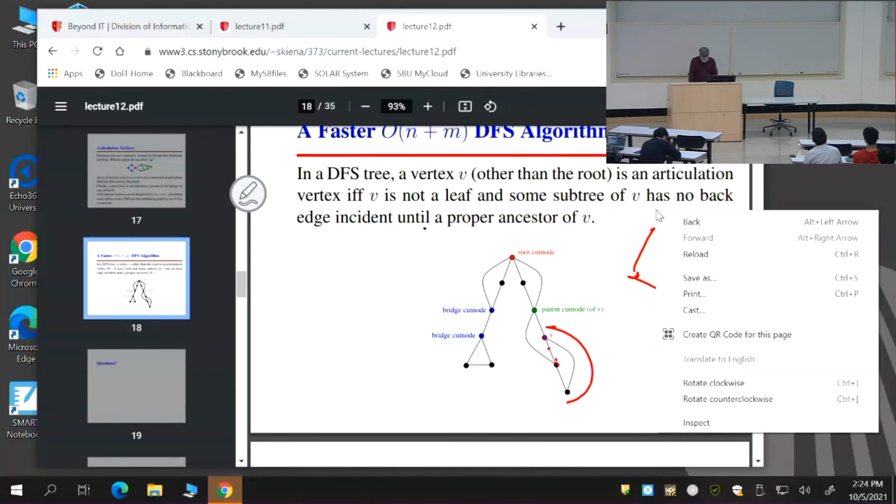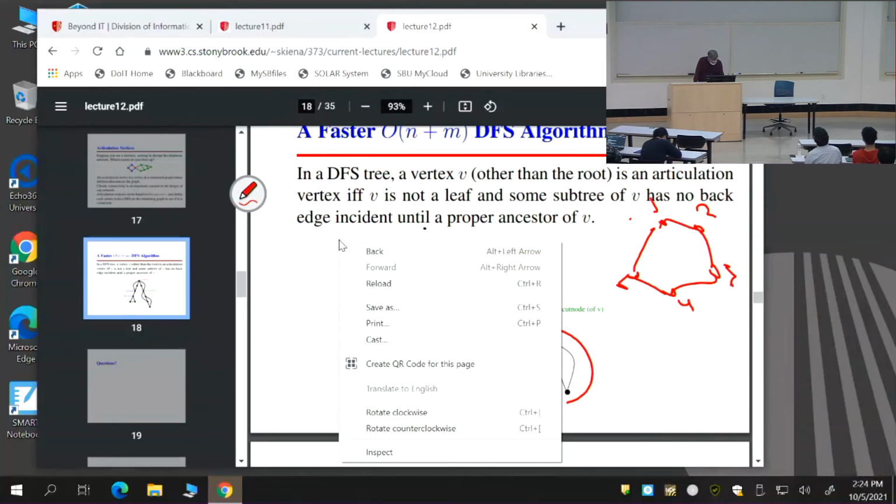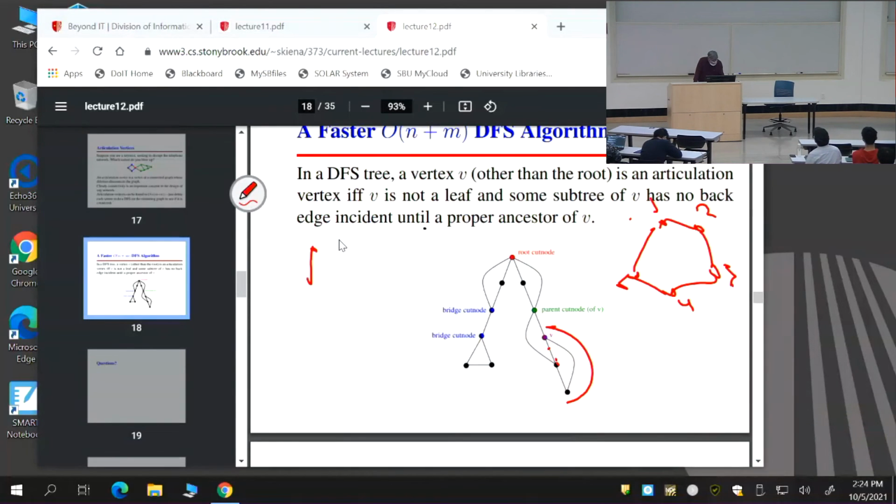If this is 1, 2, 3, 4, 5, what's going to happen? 1 discovers 2, 2 discovers 3, 3 discovers 4, 4 discovers 5, and there's a back edge.